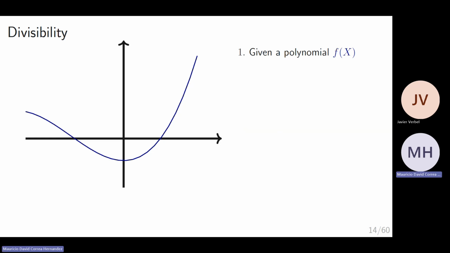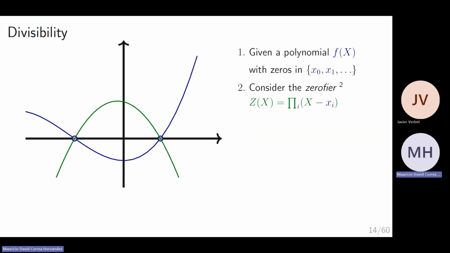So here's the bit of algebra. We take a polynomial which has known roots, and we take another polynomial that has exactly those roots and nothing else. So the blue polynomial is an arbitrary polynomial with the given roots, and the green polynomial is defined as the product of x minus root for every root.